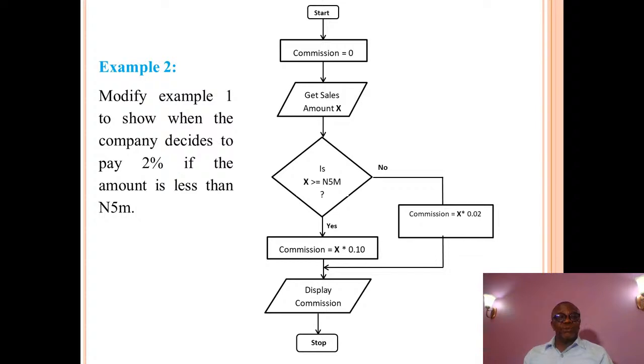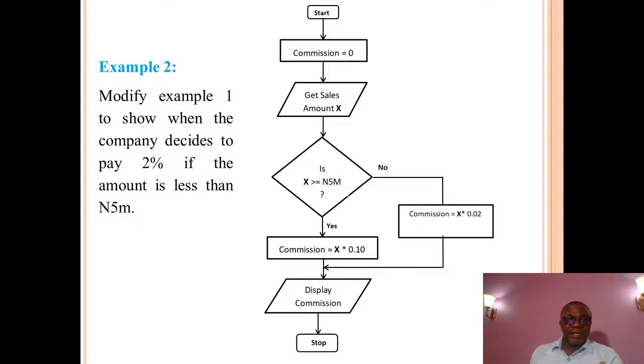So example 2: modify example 1 to show when the company decides to pay 2% if the amount is less than 5 million naira. The first one is you must get 5 million or more to get commission.